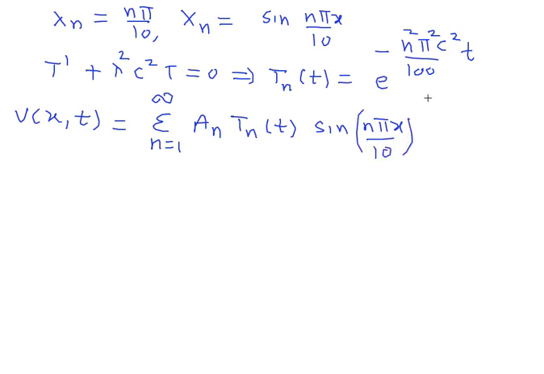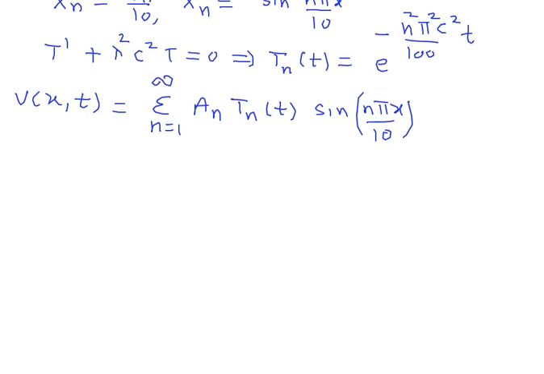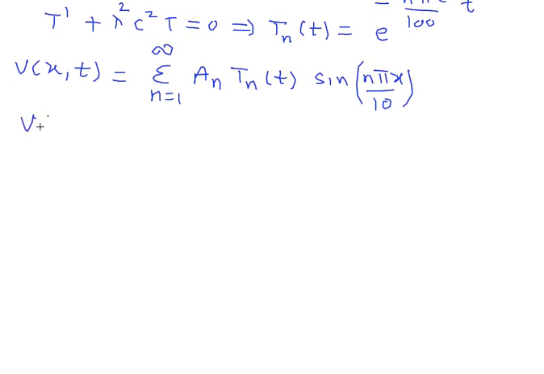You can see here that T_n(0) is 1. So by using the initial condition, v(x,0) equal to sigma n equal to 1 to infinity a_n, since T_n(0) is 1, this is simply the Fourier sine series.